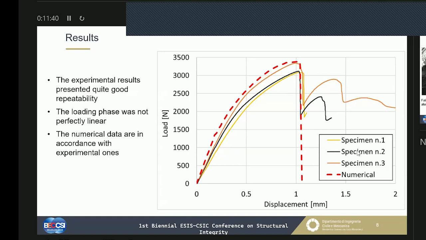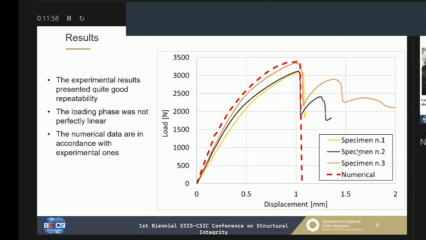This is due to the plasticization of the aluminum, mostly, but also to cracking of the matrix of the composite.